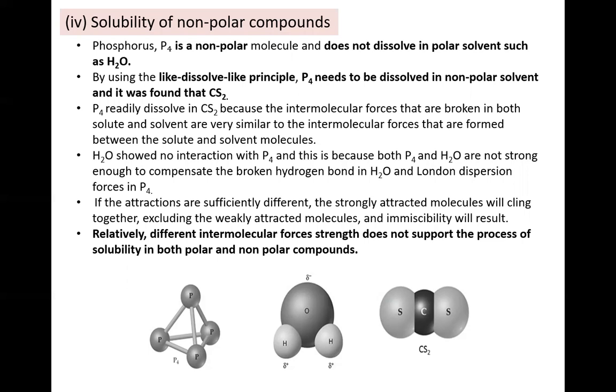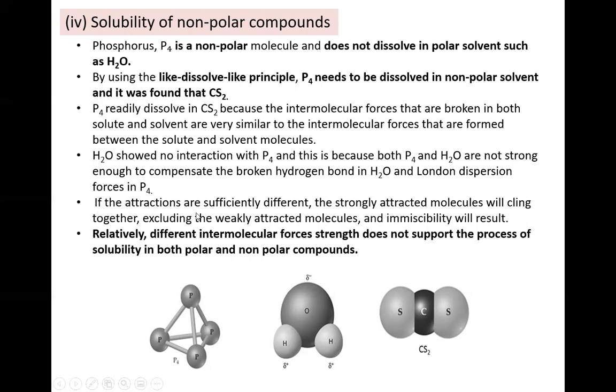H2O shows no interaction with phosphorus, because the attractions between phosphorus and H2O are not strong enough to compensate for the broken hydrogen bonds in H2O and the London dispersion forces in P4. That's why phosphorus is not dissolved in water.